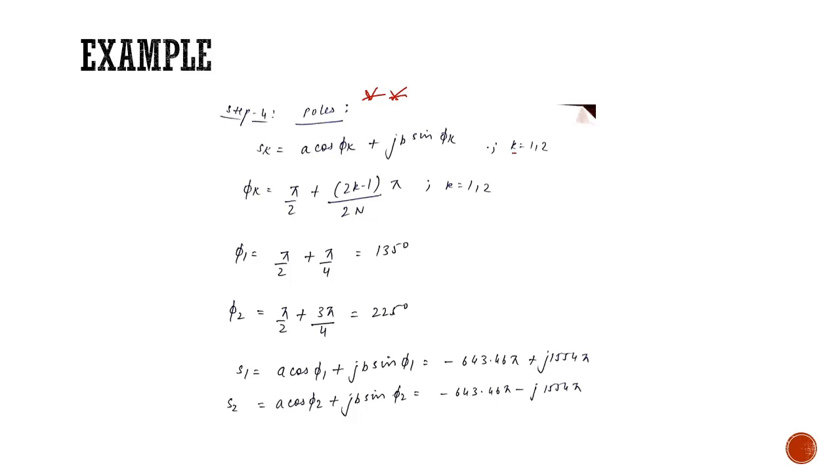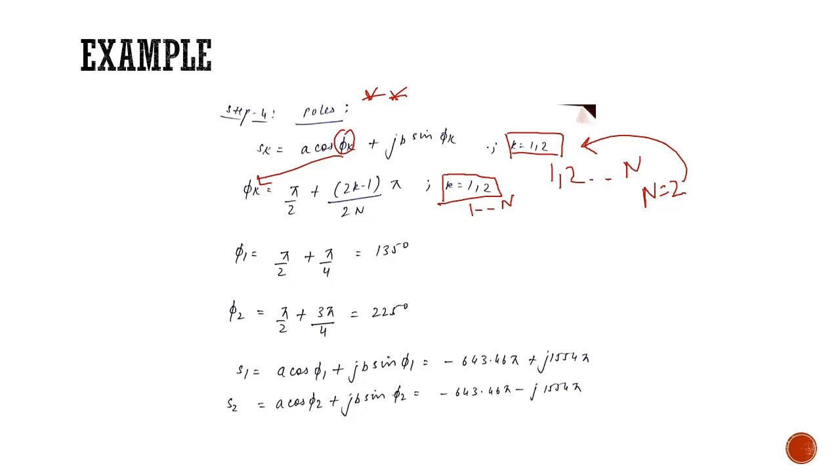If you remember what I told you before, k goes from 1 to n, being 2 here because it's a second order filter. K goes from 1, 2, and that's about it. And this phi k here is given by pi by 2 plus 2k minus 1 by 2n pi, similarly k going from 1 to n, right? So we calculate phi 1 and phi 2.